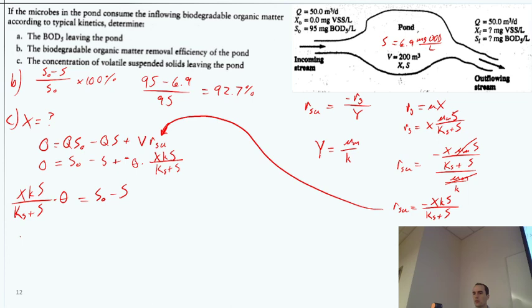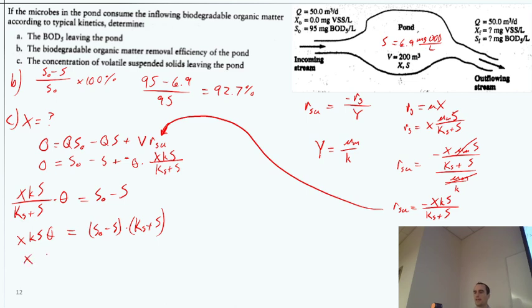So we'll say x times k s, that's lowercase k, uppercase s there, and theta equals s naught minus s times ks plus s.